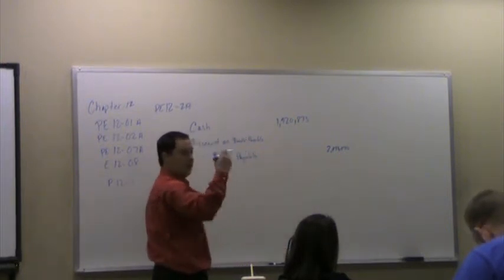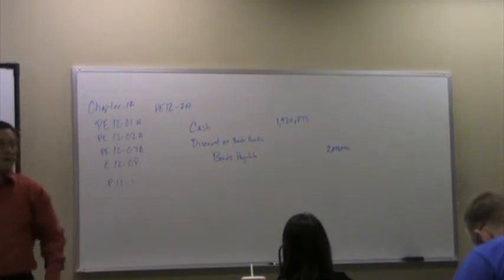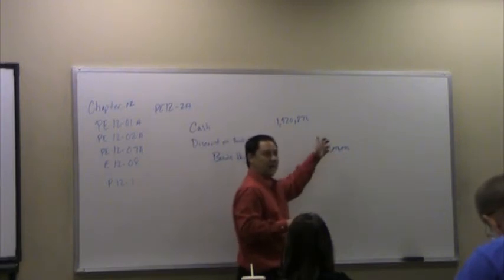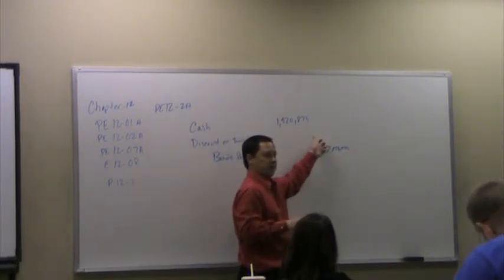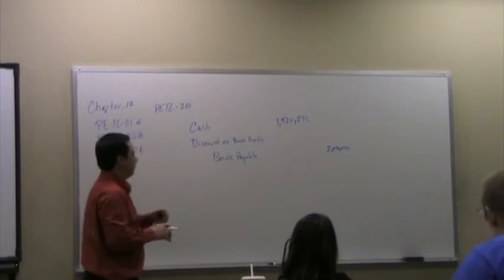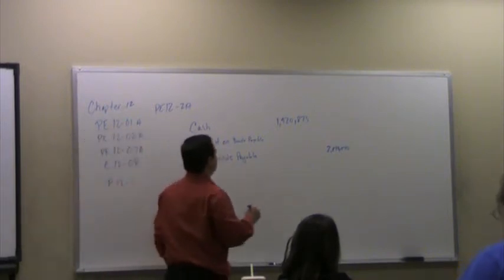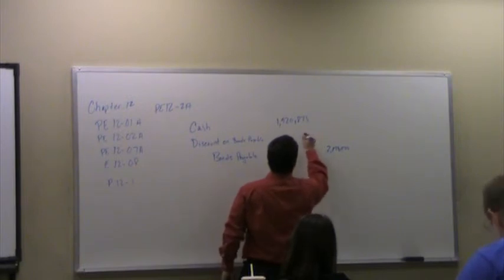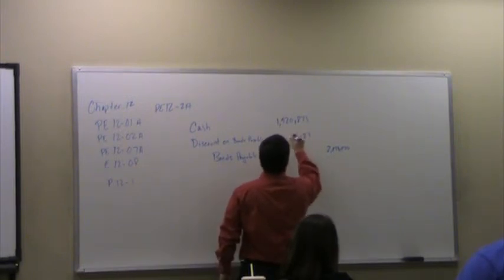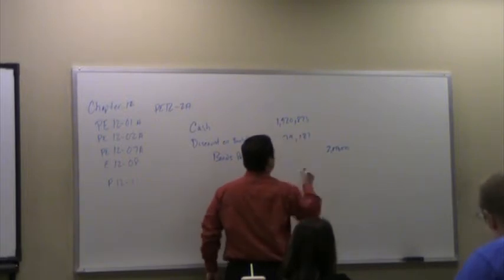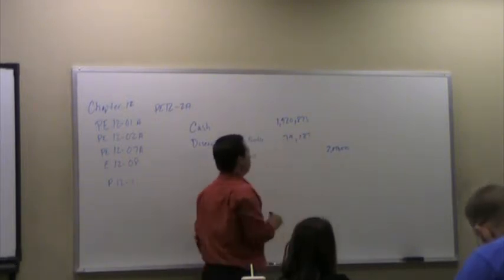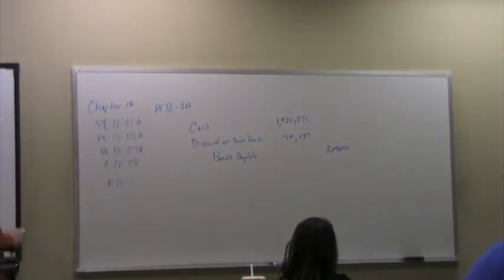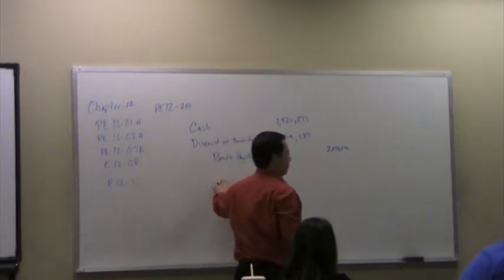And then over time, the discount will go away. Because every time we pay interest, part of the interest we're paying is going into our interest expense. That's a part of that. So how much is that? 79,127. And so that's how I read this journal entry for that.